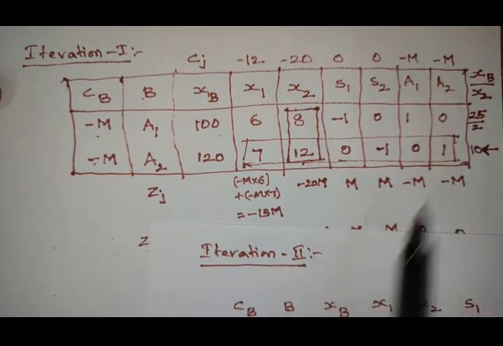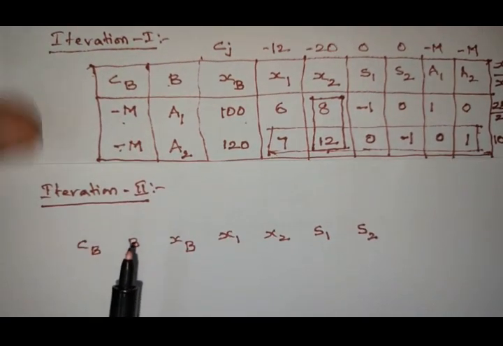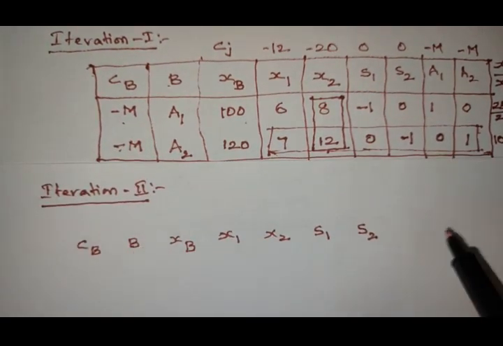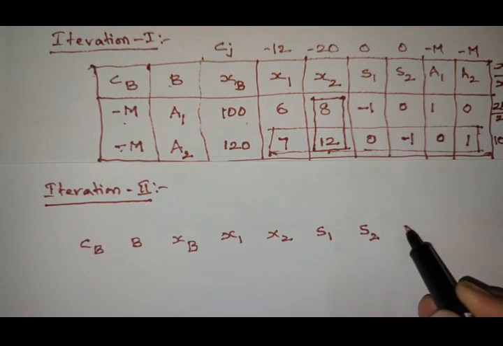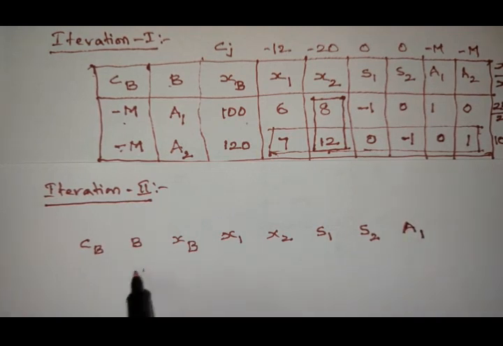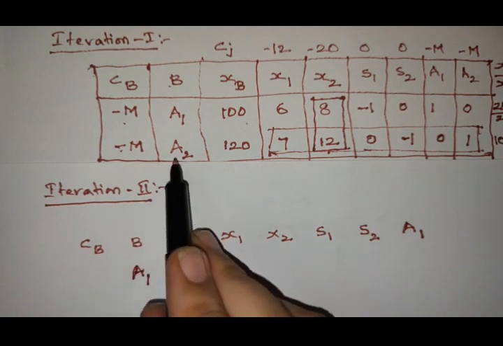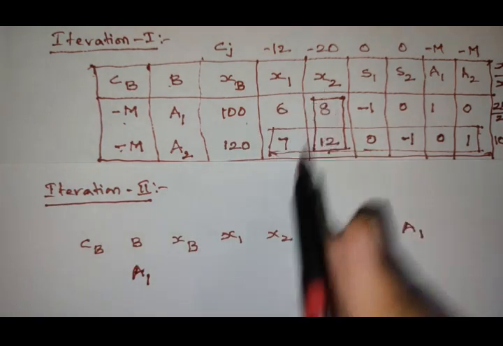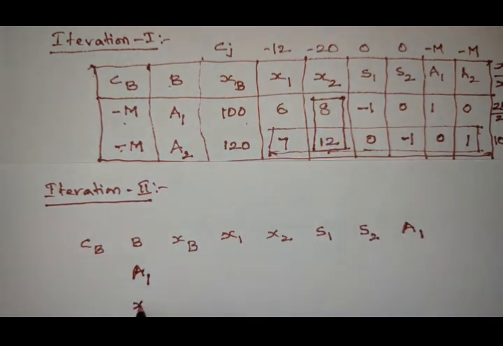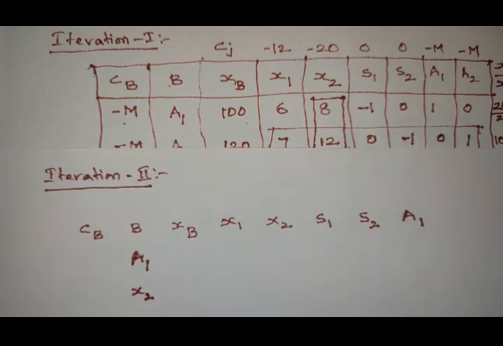If you remove the a2 column, then here we will get only a1, right? So under the basis variables, what are we writing? a1. Next, in place of a2, what are we writing? x2. x2 we are writing.